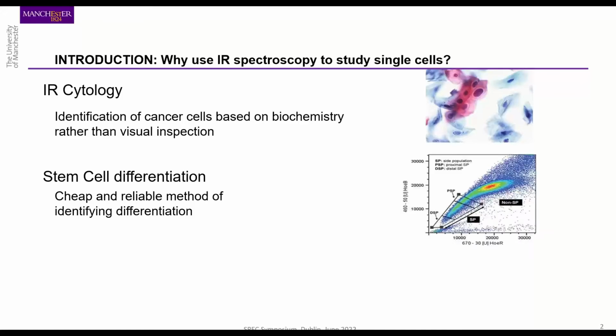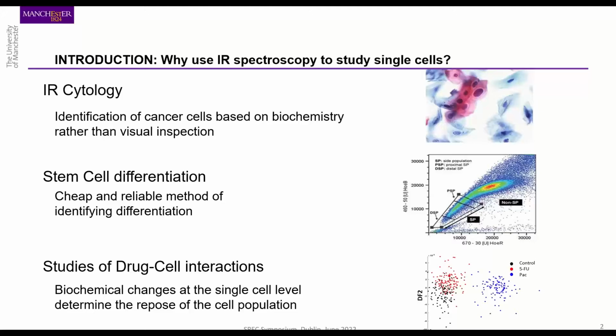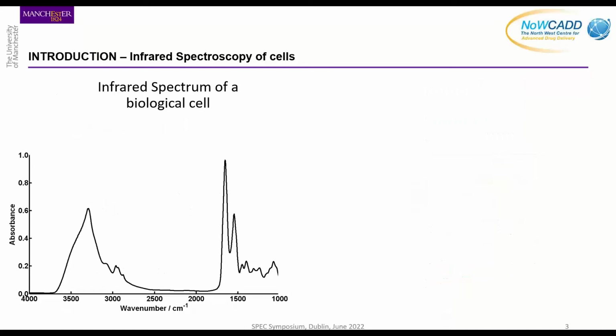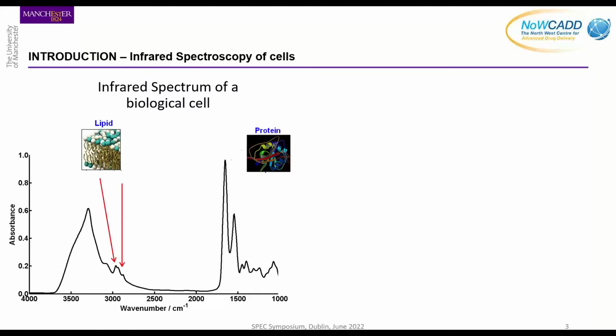We did a lot of work recently in stem cells and looking at stem cell differentiation, and that's quite important. We're looking at drug cell interactions, and much more recently doing a lot of work on drug delivery systems with AstraZeneca.